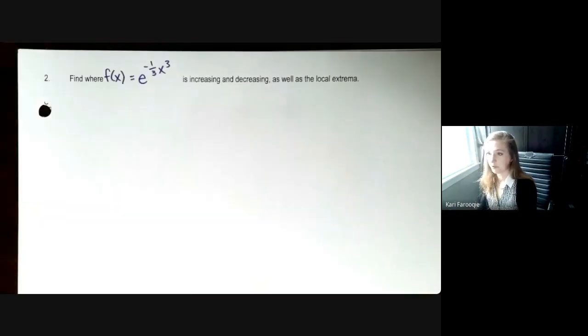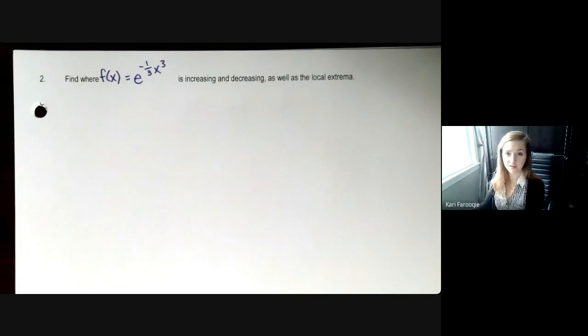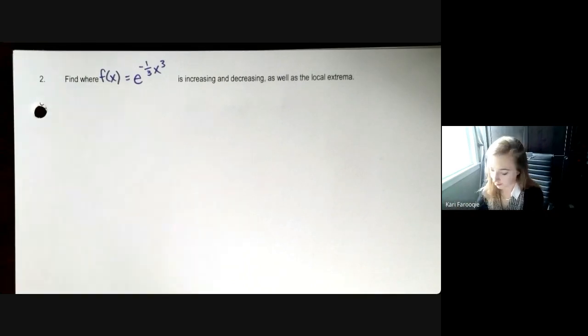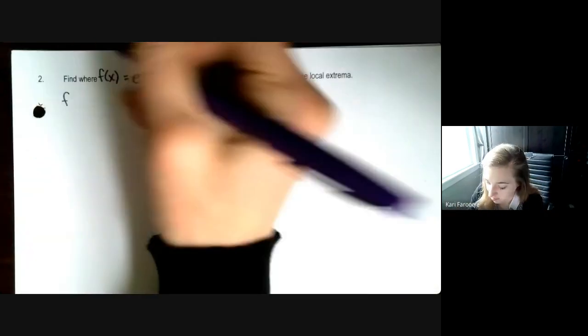Okay, so in order to do that, this is what we were doing in chapter 4 in the first section. We were using the first derivative test to find extrema and to look for intervals where the function was increasing or decreasing. In order to use that test, we need the first derivative. So let's find the first derivative, and we'll get the rest of this information based off of that.